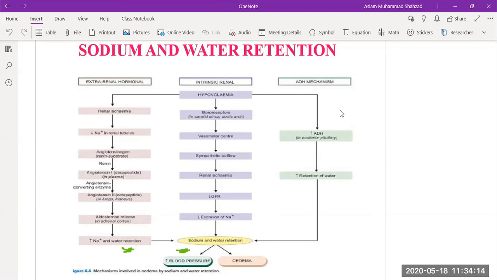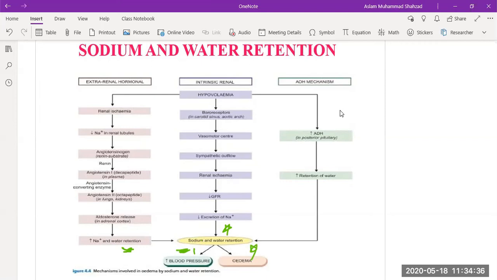There is a series of mechanisms, and we will discuss them one by one. One mechanism is why the sodium and water retention occur. We know that the increase of sodium and water retention leads to increased blood pressure, and it is also responsible for edema. But why does this occur? So there will be some mechanisms.